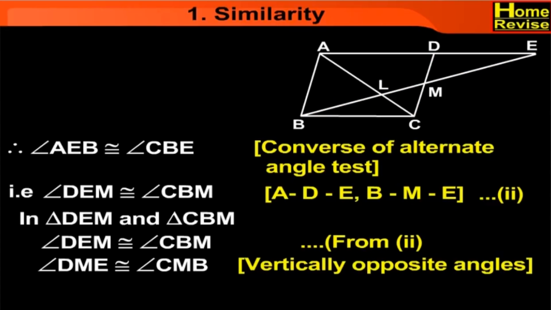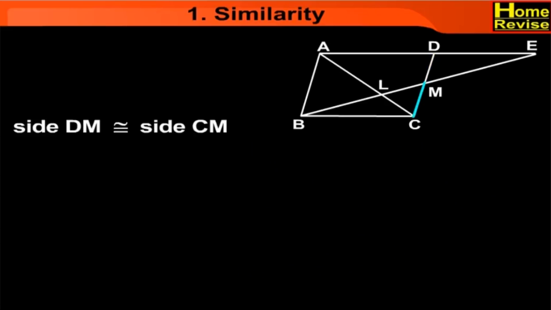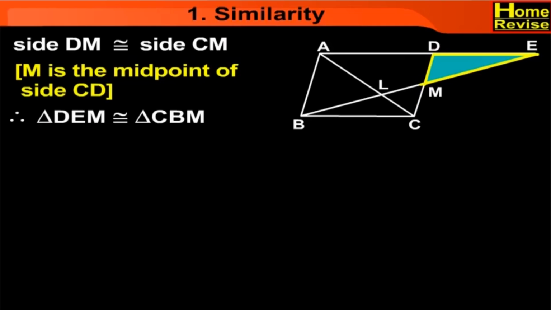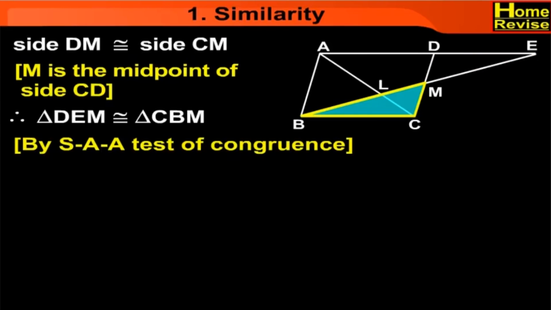Reason: vertically opposite angles. Side DM is congruent to side CM. Reason: M is the midpoint of side CD. Therefore, triangle DEM is congruent to triangle CBM by SAA test of congruence.